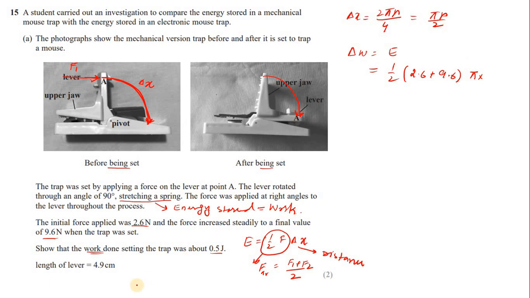R is the radius, and the radius is the length of the lever, so 4.9 centimetres converted into metres is 0.049. If you solve this, delta W, the work done or energy stored, will be equal to 0.47 joule, which is about 0.5 joule.